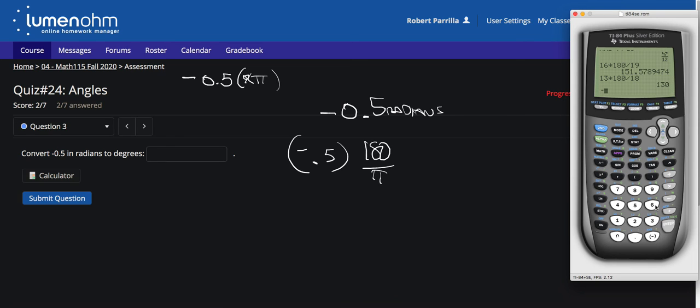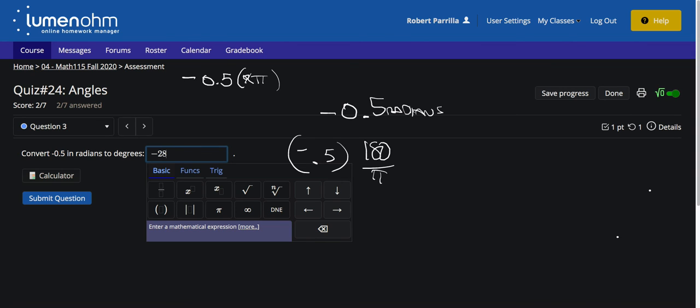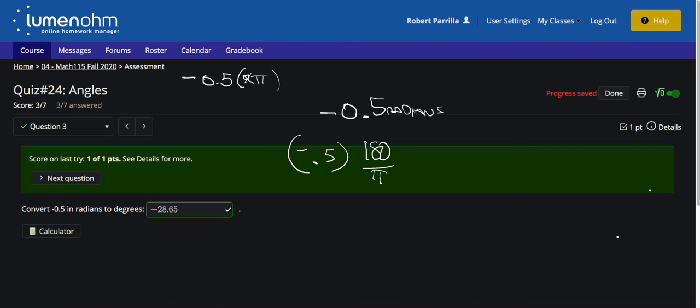Negative 90 divided by pi, the symbol, 3.141, that big one, because that's our correct answer if we do this. And that's going to be negative 28.65. Bang. We got that right. Again, treachery, but if you don't panic, you should be okay.